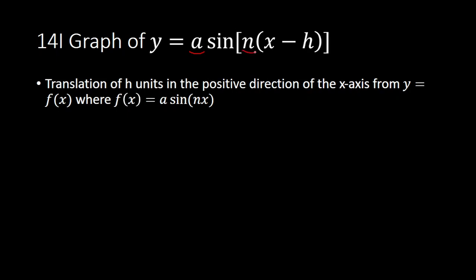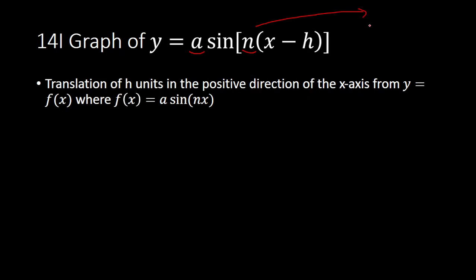With the n here, pay attention also to the brackets. So n here will indicate a dilation of factor 1 over n, so the reciprocal, and it's from the y-axis. What it also does is affect the period of the function.